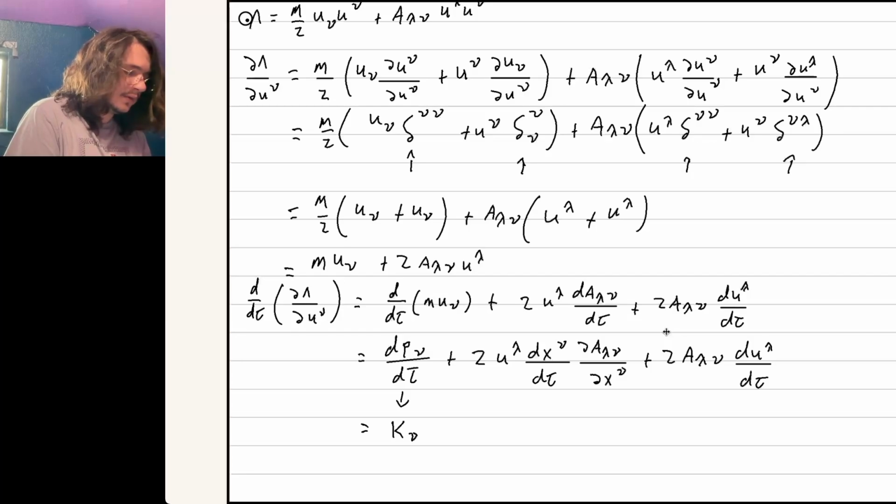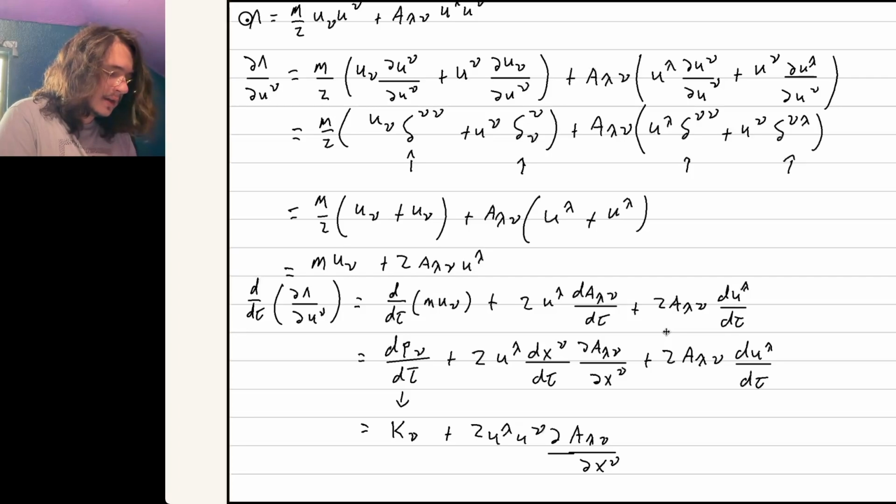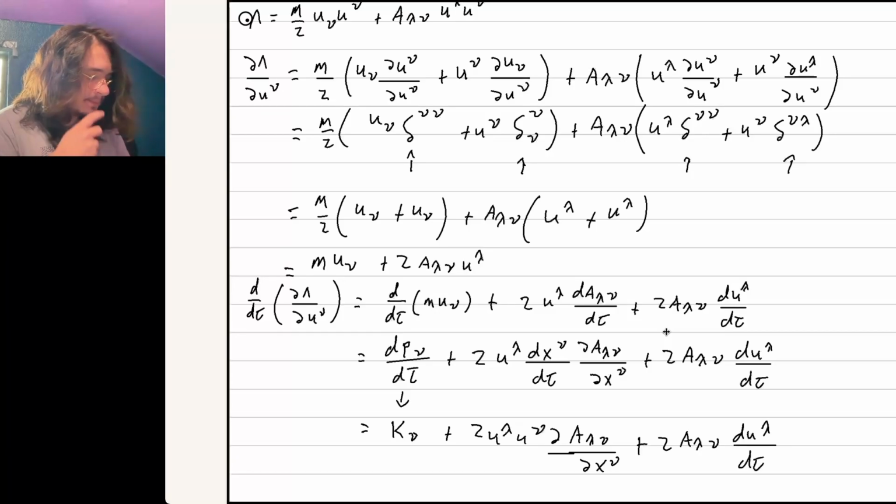So we're doing plus 2 u^lambda u^nu del a_lambda nu del x^nu. Put that kind of in a gross way. There it is. Plus 2a_lambda nu du^lambda d tau. All right.